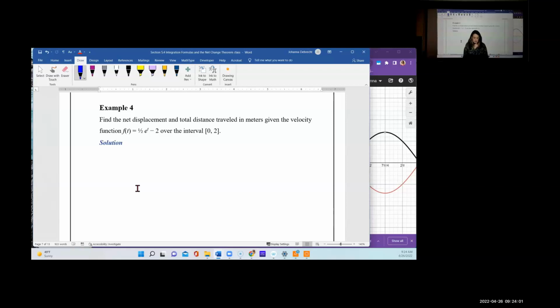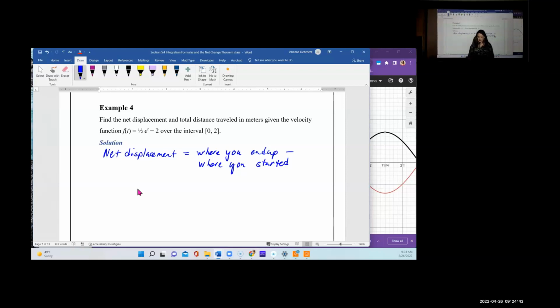So the net displacement, if we write it out in words, is equal to where you end up minus where you started. That's the value we're looking for: the net displacement.